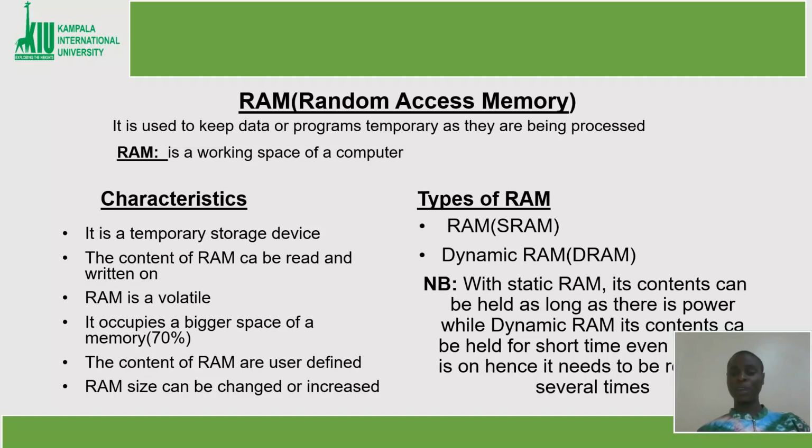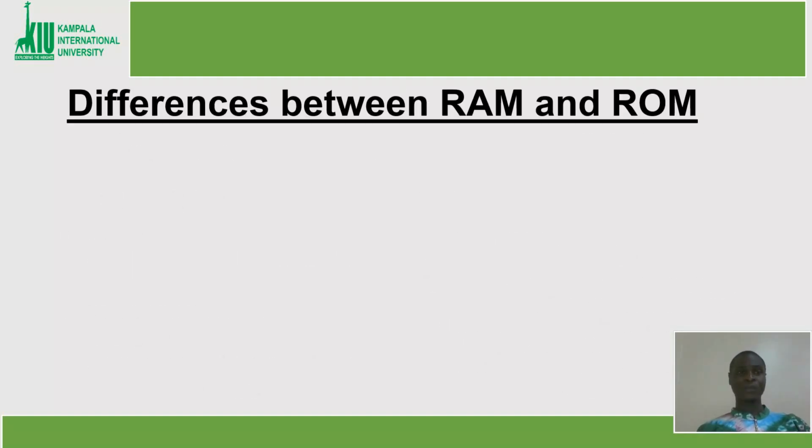Hence, it needs to be refreshed several times. Under this, we have differences between RAM and ROM. Below, we are going to draw our table. On our left side, we are going to put RAM, then on our right side, we are going to put ROM.